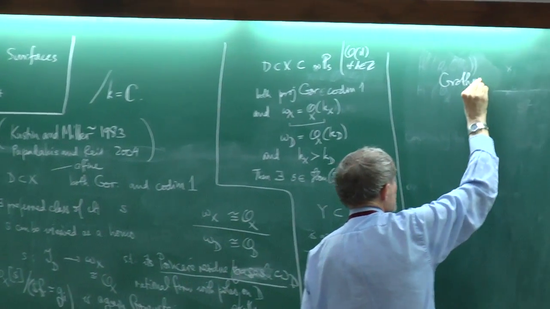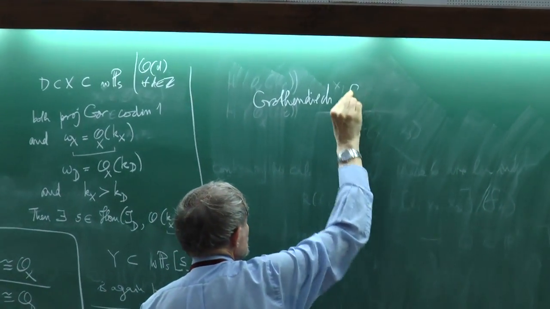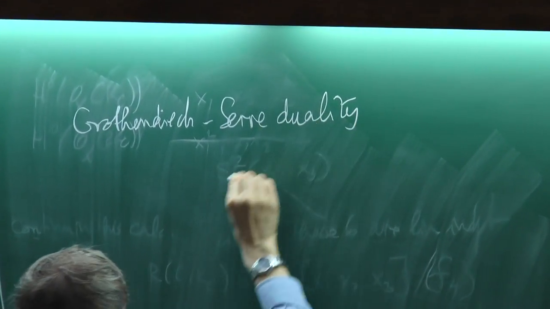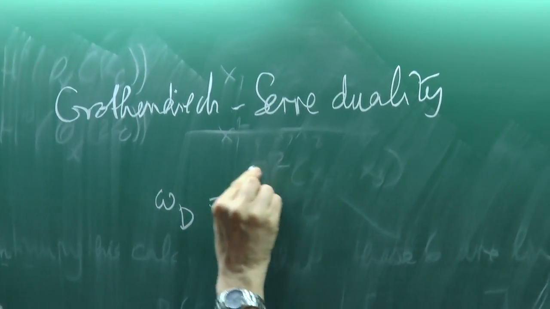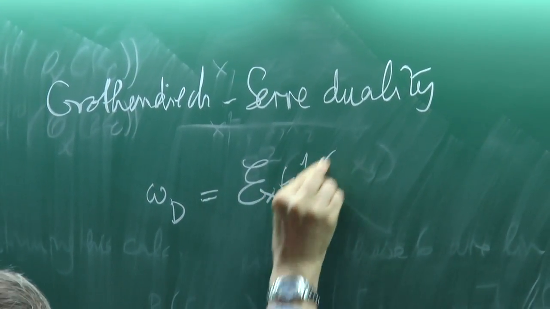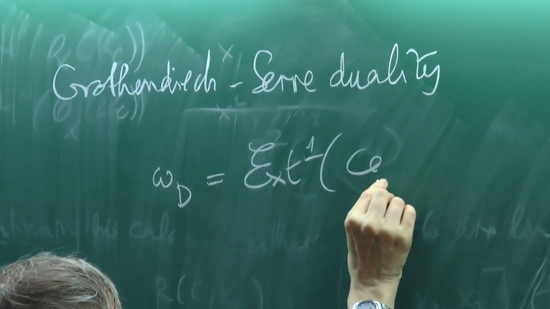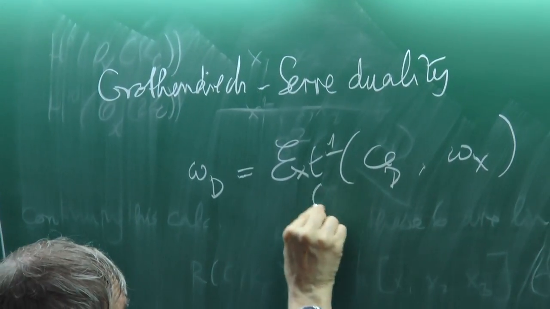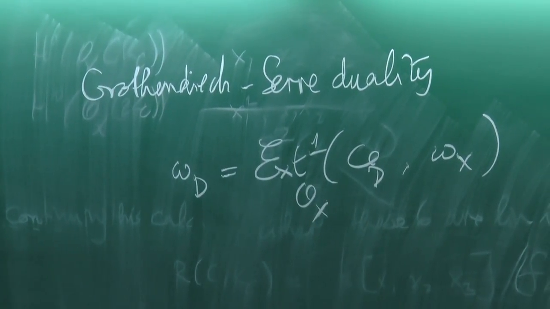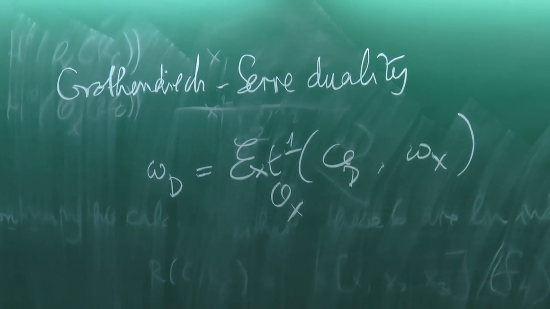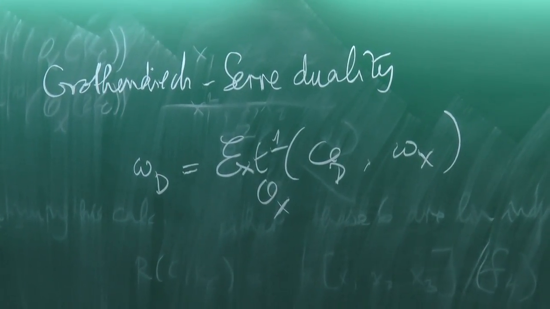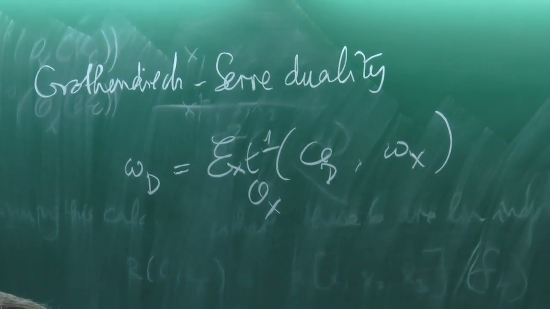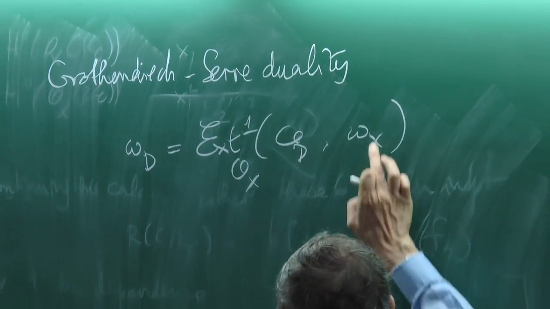Grothendieck-Serre duality in this context says that omega D is Ext1 of OD, omega X, and then here with OX. You should really think of this as being very close to the definition of the dualizing sheaf. We're assuming here that X is projectively Gorenstein, so X has a nice dualizing sheaf.